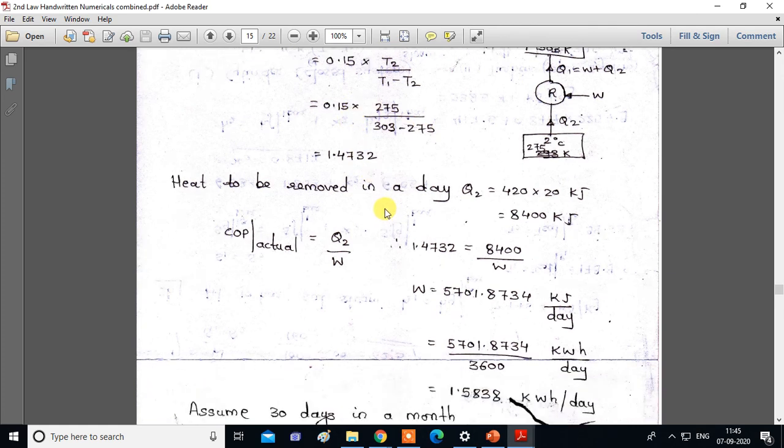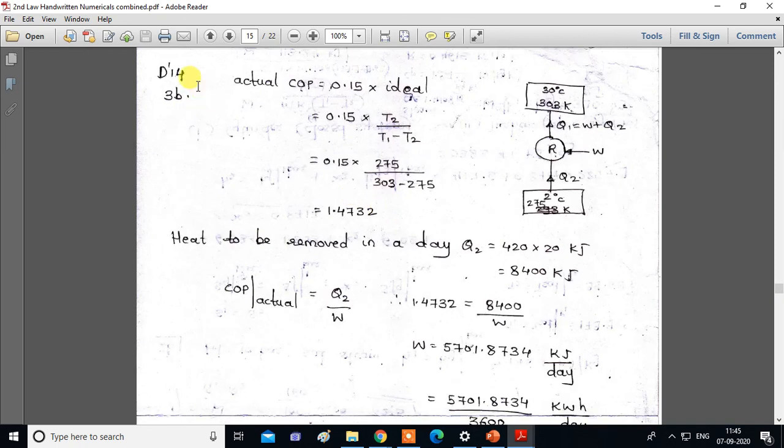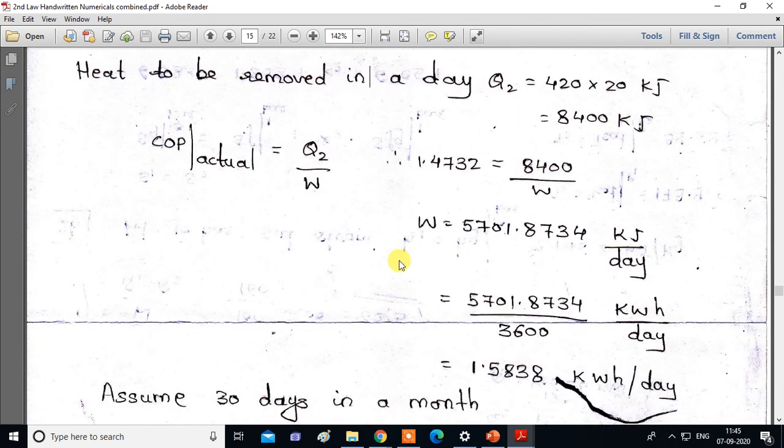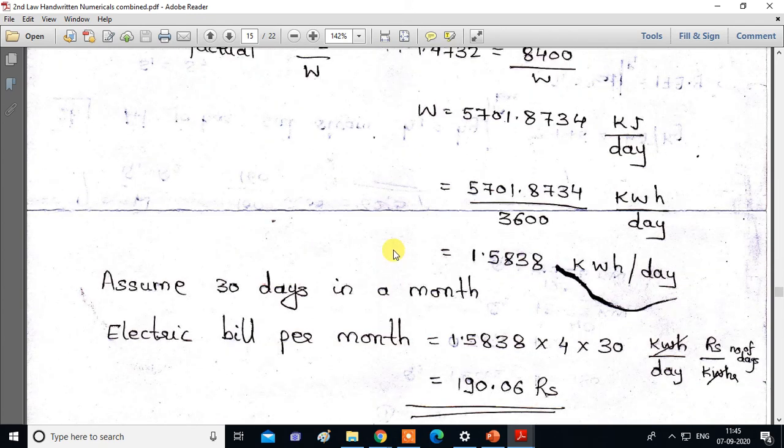In this numerical, this was a second law of thermodynamics monthly bill type question. Now the question arises over here. Let me highlight the question.